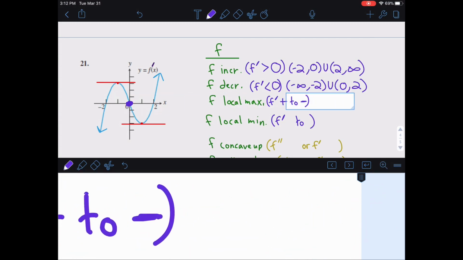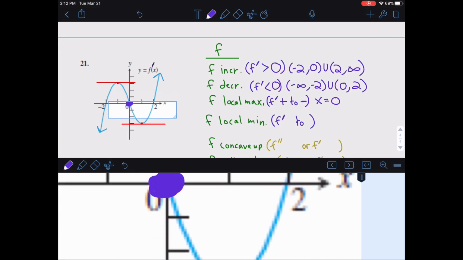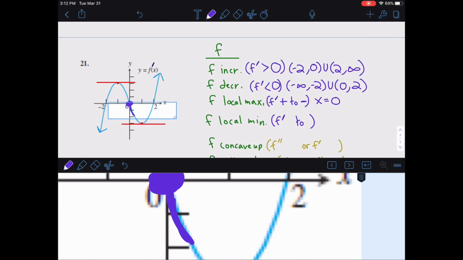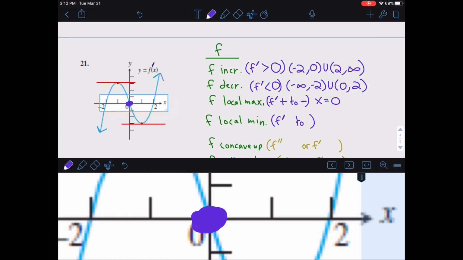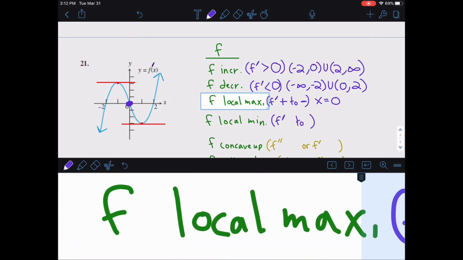At x equals 0, f prime goes from positive values. So again, I'm tracing along this graph. Those are positive y coordinates, and then after it, I have negative y coordinates. So wherever f prime goes from positive to negative, f is going to have a local max.